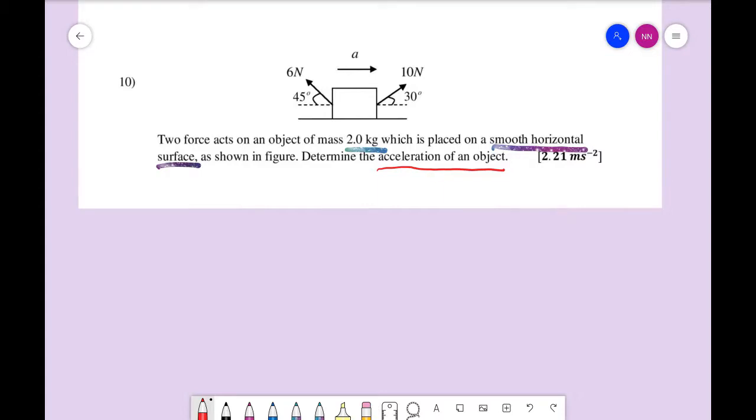The concept is net force X equals ma, because this object accelerates in the X component. But then we have to draw all the forces acting on this object. So this object has weight downward and the normal force.